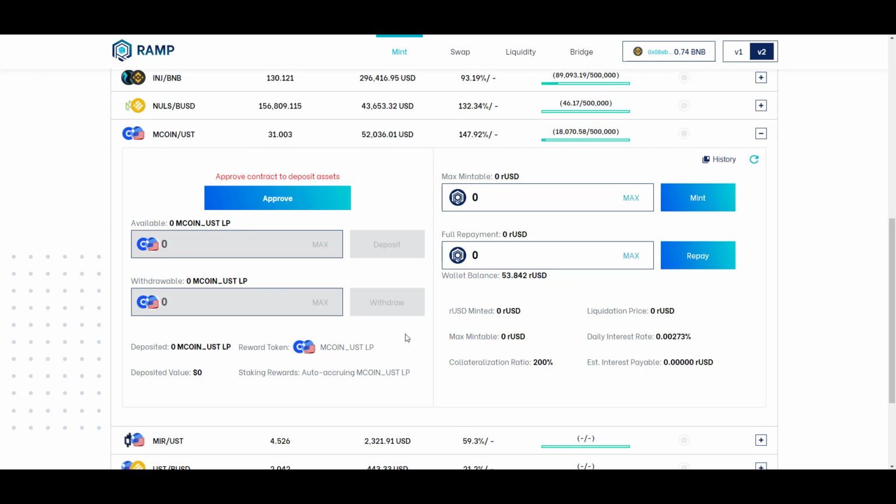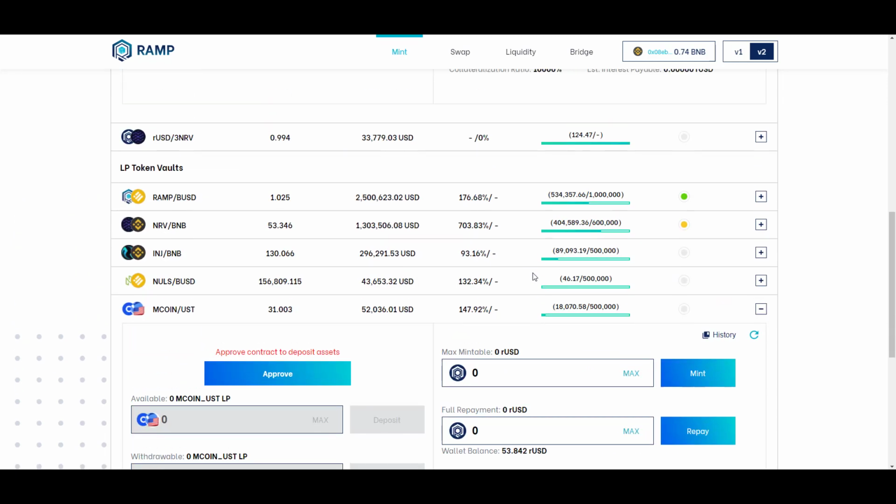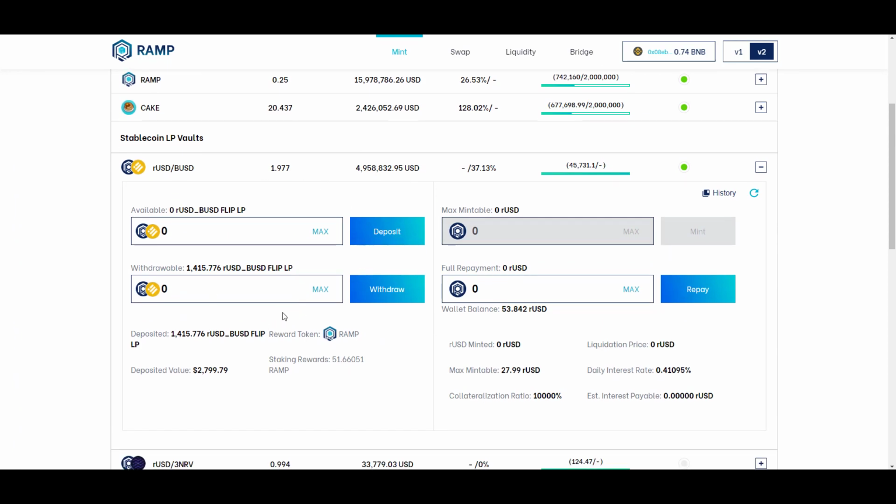And the added benefit is that you can actually borrow against this auto compounding position. So while it continues to auto compound, I can borrow more money against this LP position. They only let you borrow in their native stablecoin called RUSD, which you can then take, convert half to BUSD, and deposit it here and earn a yield of 37%, which is paid out in the Ramp token.